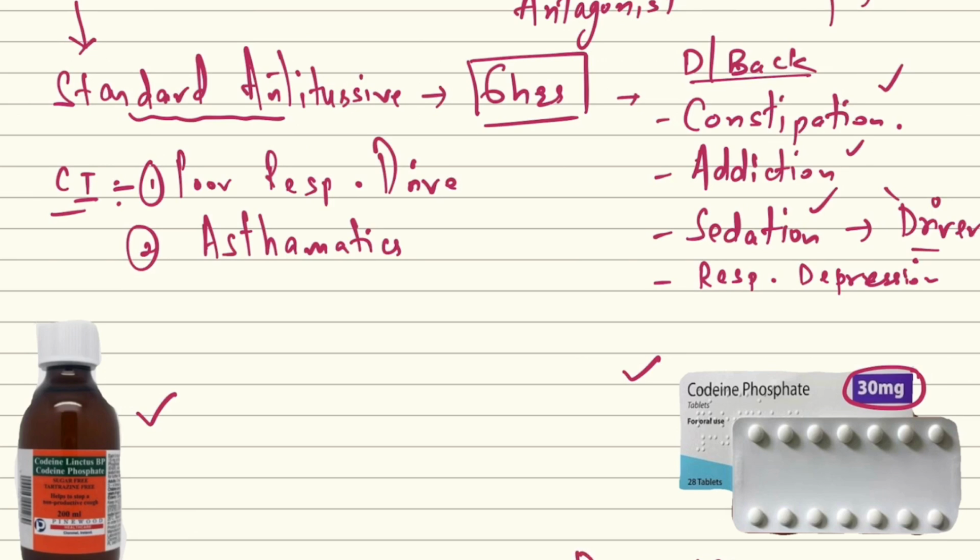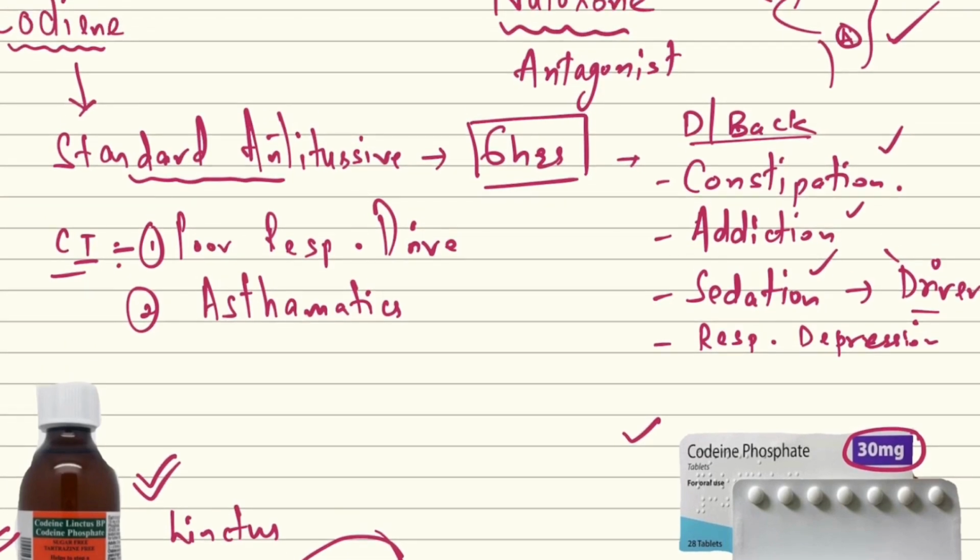The syrup comes as codeine phosphate linctus, where 5 ml contains about 15 mg of codeine. Codeine, as we know, is a standard antitussive with a duration of action of 6 hours. This drug should also be avoided in children.